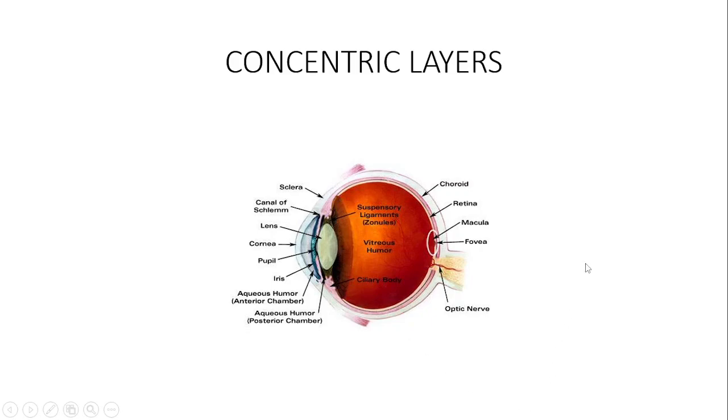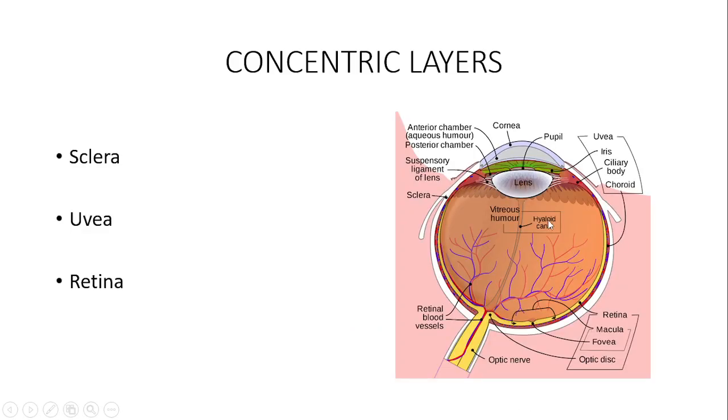So again, I want to show you the three concentric layers of the eyeball. The most external layer is known as the protective layer. Before I forget, remember this is the optic nerve which sends information to the brain and brings information from the brain to the eyeball. So remember that the most external concentric layer is known as the protective layer.